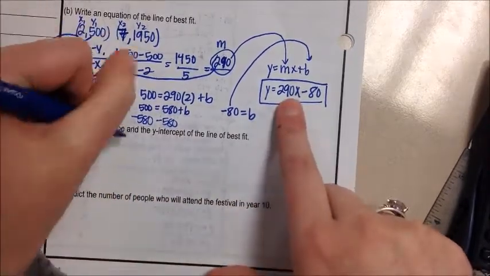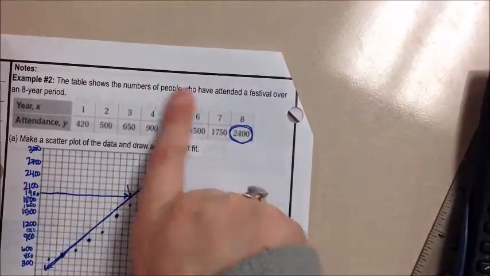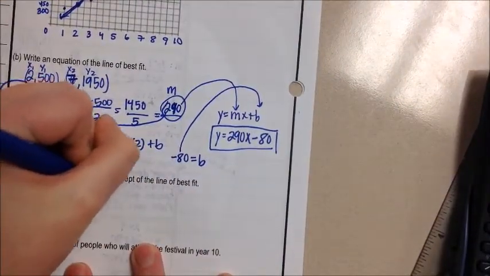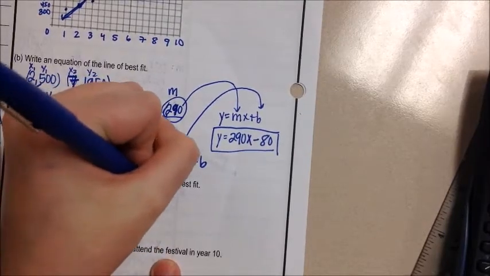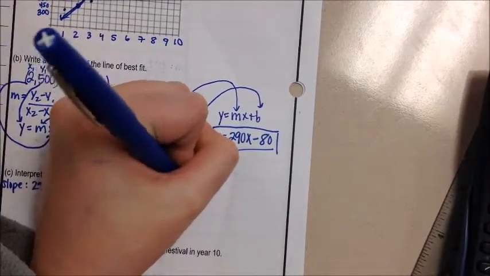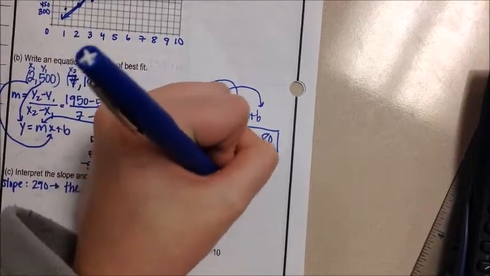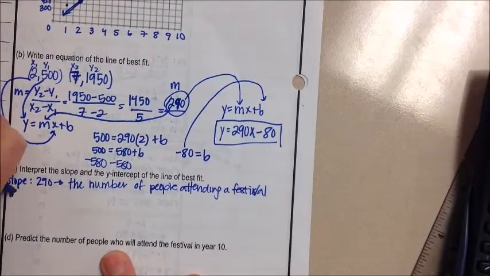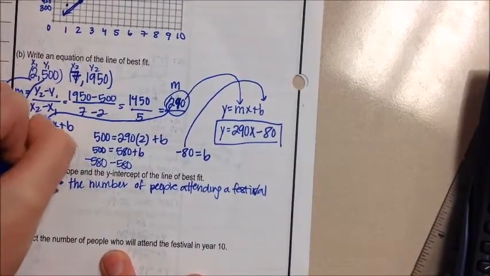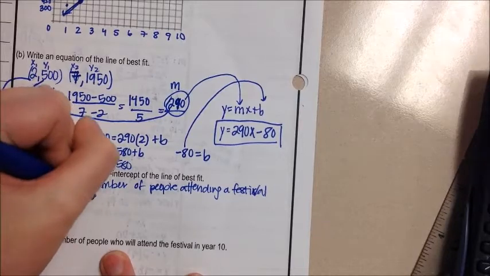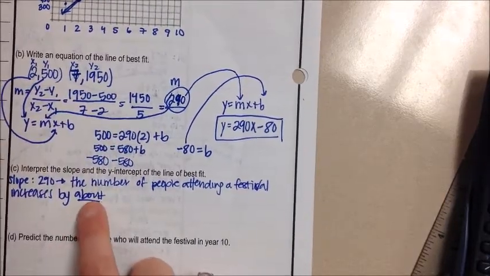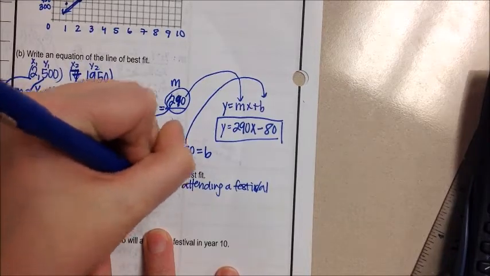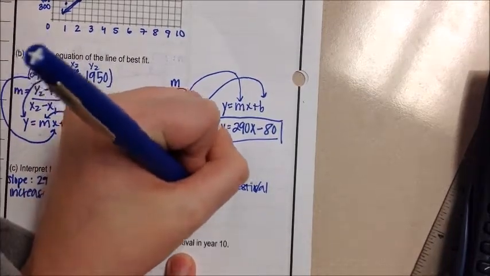So that's positive, so it's talking about the number of people attending a festival, so the number of people attending a festival increases by about, and that's why it's a line of best fit, because it's about 290 people per year.